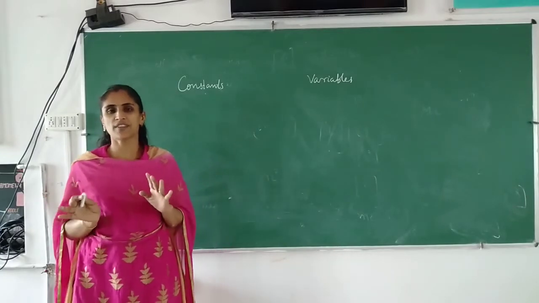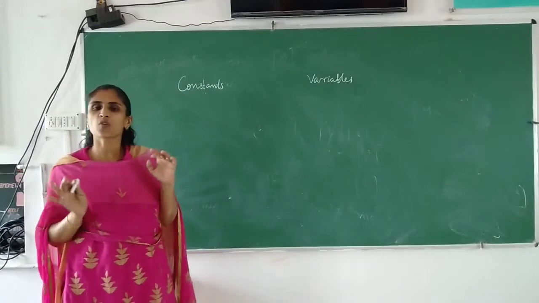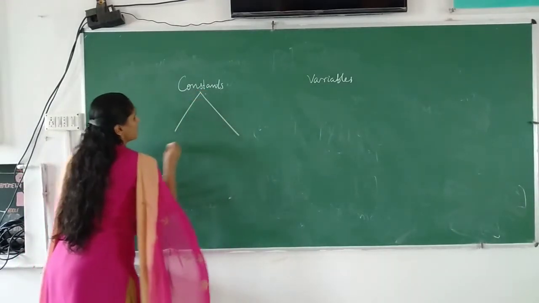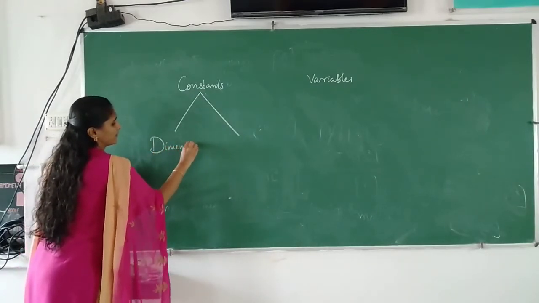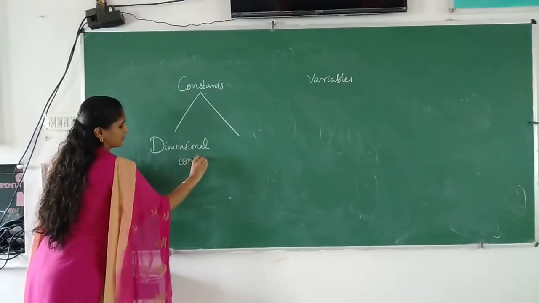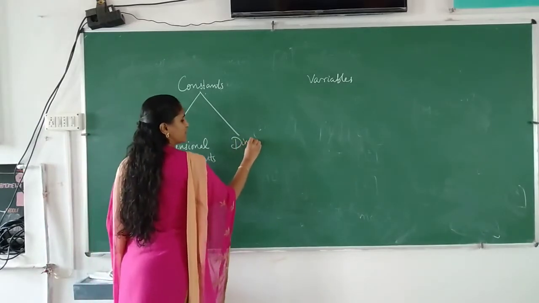There is no change in value. That type of quantities are known as constants. And these constants again we can classify into two. One is dimensional constants and the other is dimensionless constants.